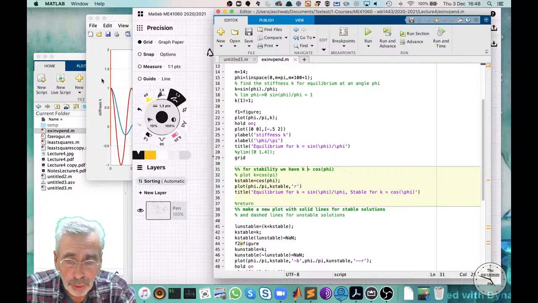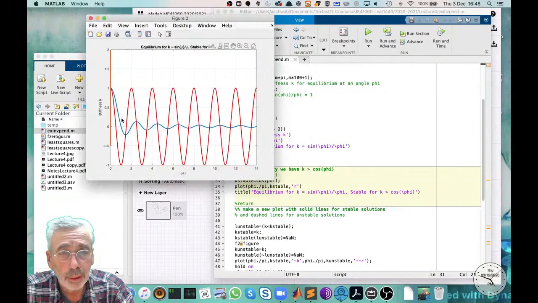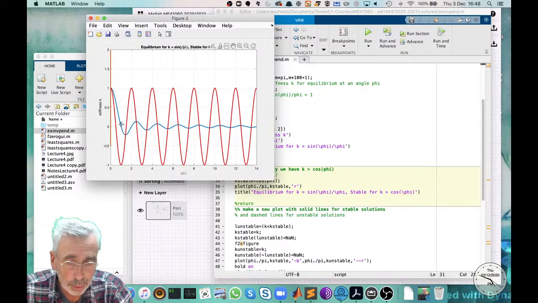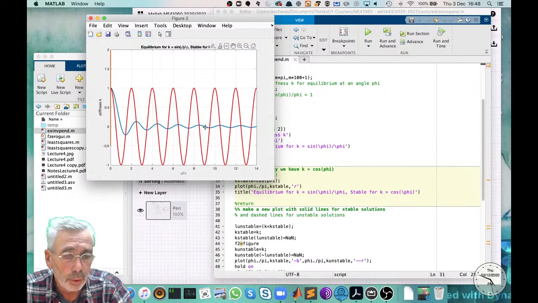This was already a plot of the k, and this is just a plot of cosine phi. Everywhere where k is larger than cosine phi, the thing is stable and all the others are unstable. So this branch is stable, this is an unstable solution, stable, unstable, stable, unstable, stable, unstable. And what does that mean?